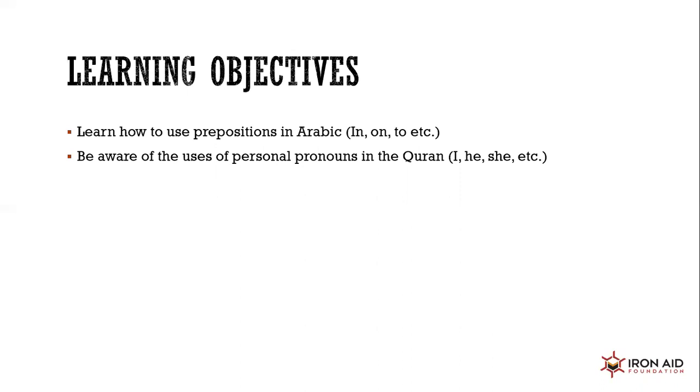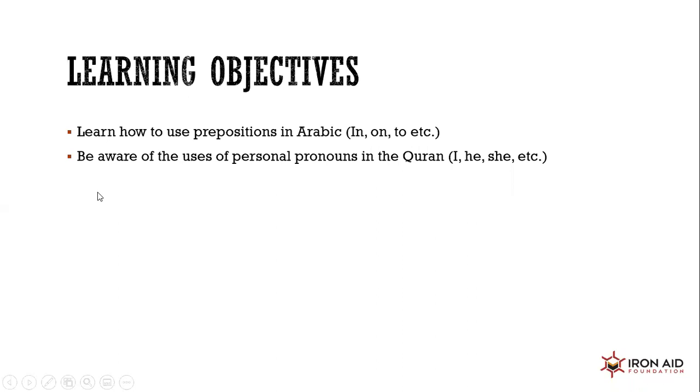These are connective words, called prepositions in English, and we will learn how to use these. I mentioned them briefly, and we have covered a few examples in the past which used prepositions, but we will go through it properly in today's lesson, inshallah.